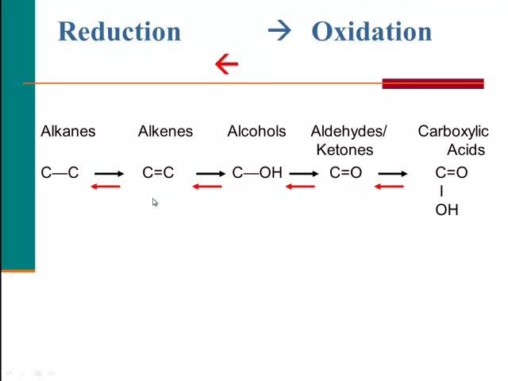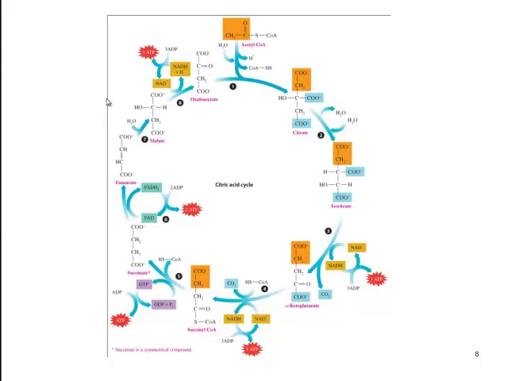In the second half of the cycle, we're going to see single bond carbon-carbon bonds being converted into carbon-carbon double bonds. So think about that, and hopefully this will allow you to keep straight whether the molecule is being oxidized or whether the molecule is being reduced. And again, I'll point these out to you as we go along.